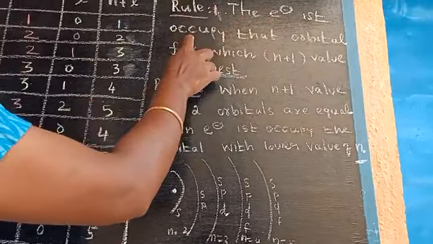Okay, so now you know the rule also. So first one we want to write the lowest. So put the tick. First want to write here. What about this 1s orbital? So this is the lowest one. Okay, so second one 2. So 2 opposite here 2s. Next both are also the same. So now you may have doubt which one to write first. So follow the rule, lower value of n.